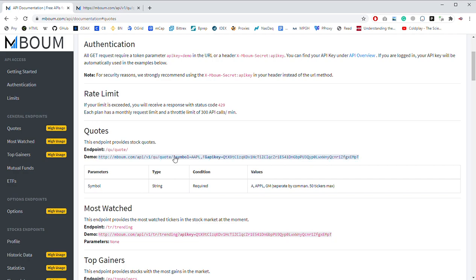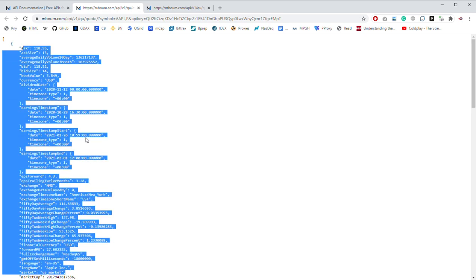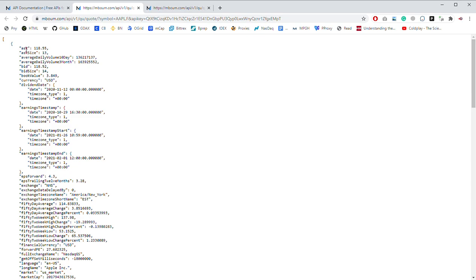If you go on the quotes API, as you can see, you can have multiple symbols. You can have as many as 50 symbols. So if you click on that, you have a lot of information that it gives you for each symbol that you query.